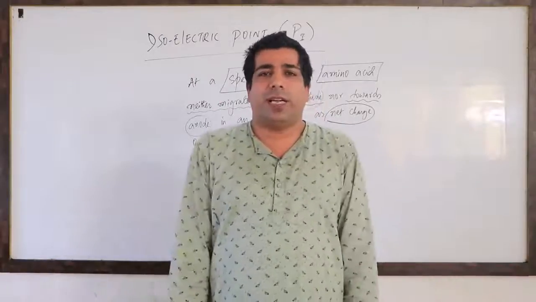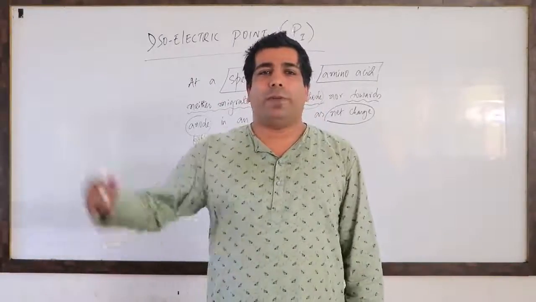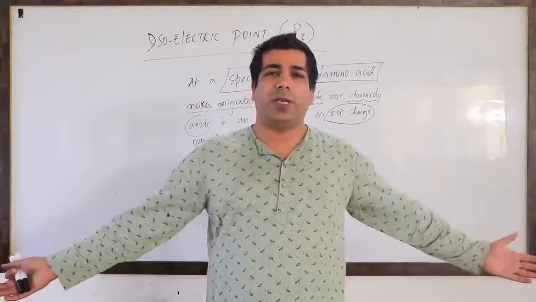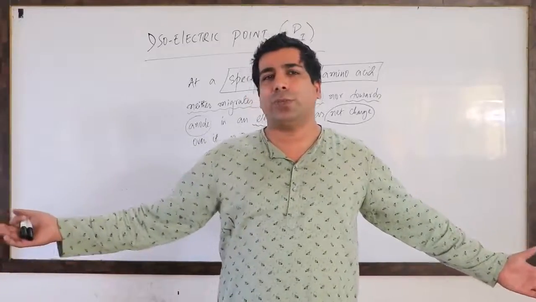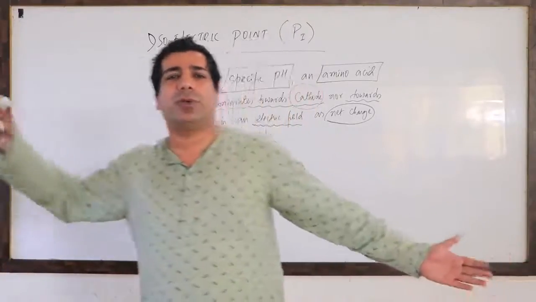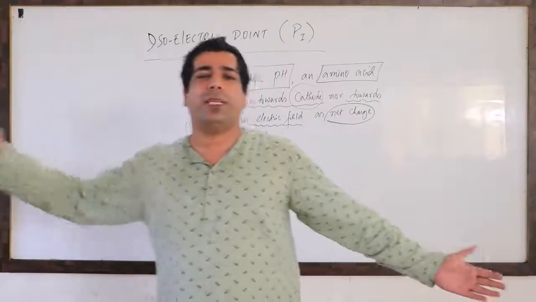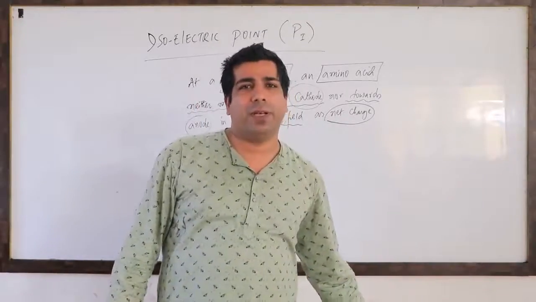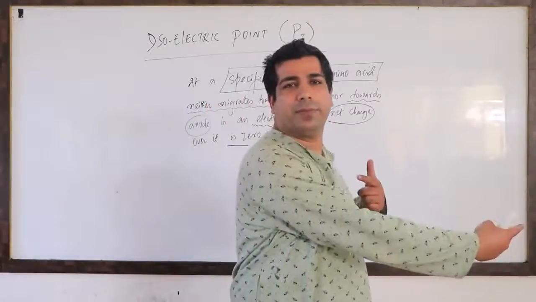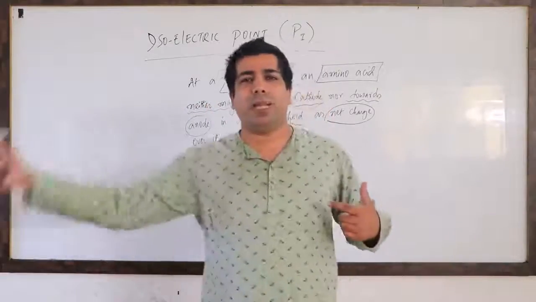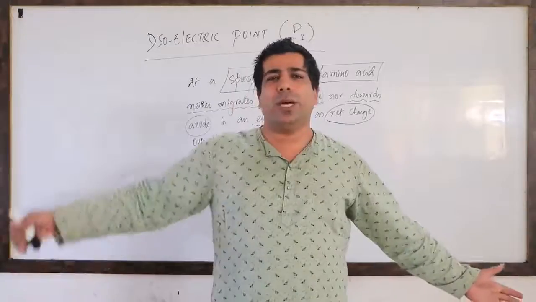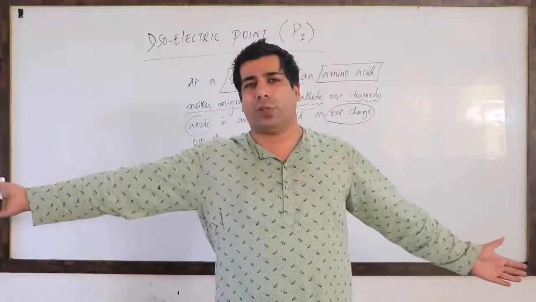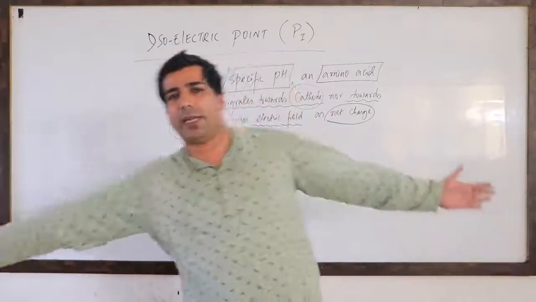I am a zwitter ion, okay? So I have a positive charge and negative charge. Because of my positive charge, I should move towards what? Cathode. Cathode should attract me. And because of my negative charge, anode should attract me, okay? But I have plus as well as minus. So one side, my positive charge will be attracted by cathode.